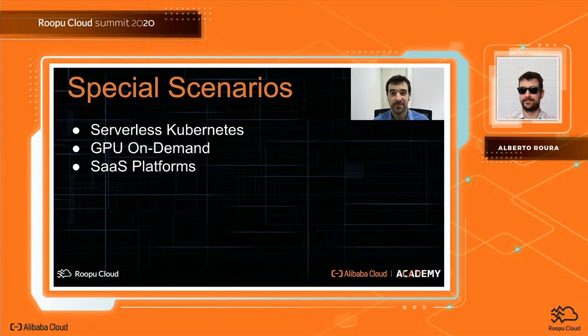Well, funny story, we do have a SaaS platform in our company, Roopu Cloud. It's serverless and completely based in the Alibaba Cloud ecosystem. It runs better when there are a lot of users using the application at the same time than when it's just a couple of users.